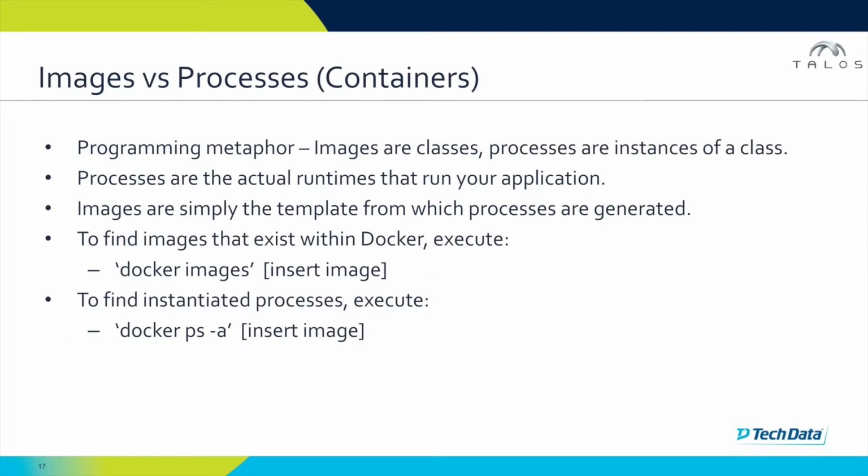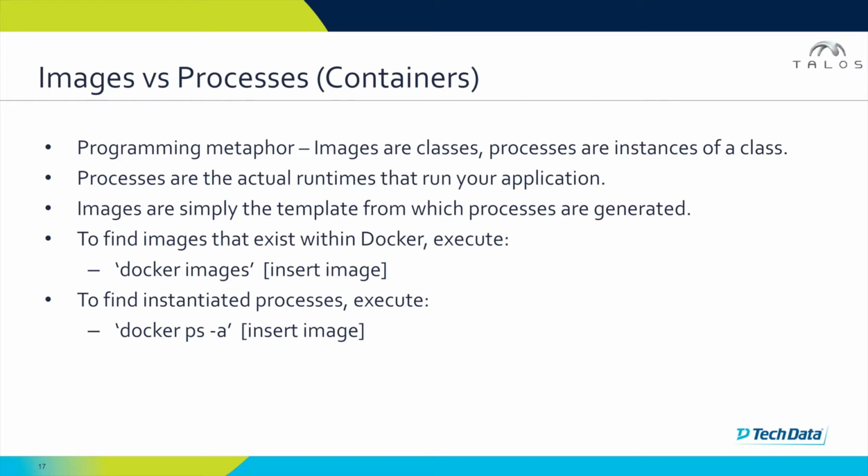So let's look at what an image is versus what a process is within Docker. So a Docker image, let's take a programming metaphor, is that images are classes and processes are instances of that class. So the images are the base level, the operating system, the parts of the operating system that you need, and the base products installed that will run your application.